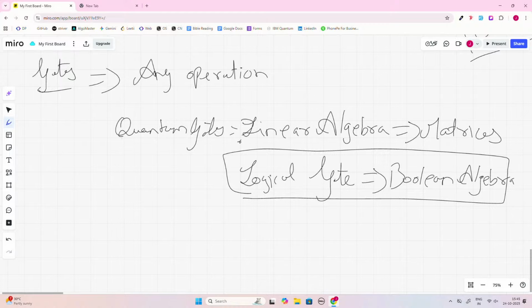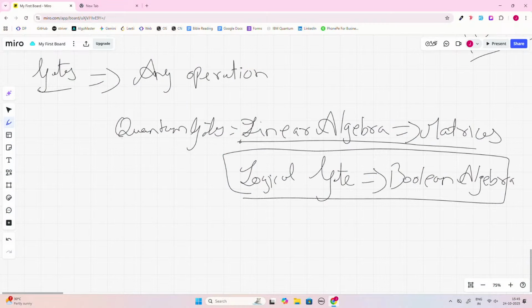That is my quantum gate operations. All the quantum gates are operated, meaning the entire quantum mechanics is operated, by using linear algebra, that is, by using matrices. A simple, straightforward one.